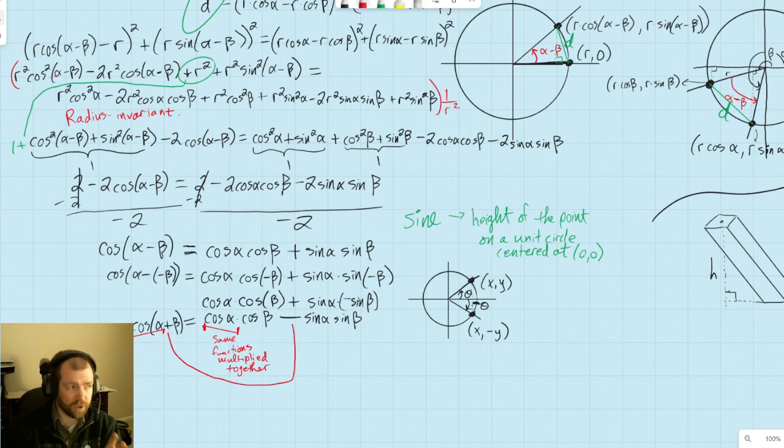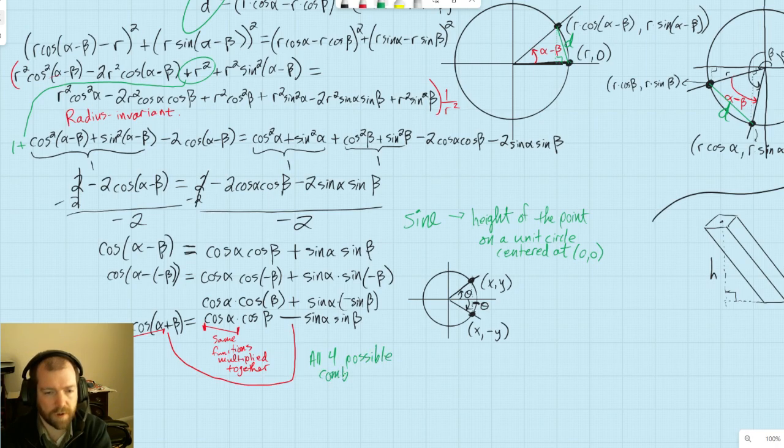Now, I'm not saying it's a good mnemonic, but it can help some of the students understand how this all works. And the other thing that you need for all of these formulas is that all four possible combinations of sine and cosine and alpha and beta are present.